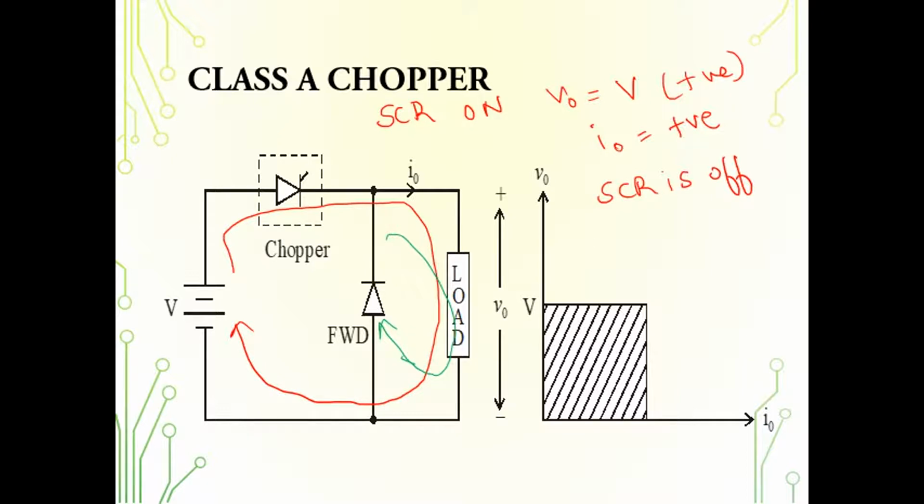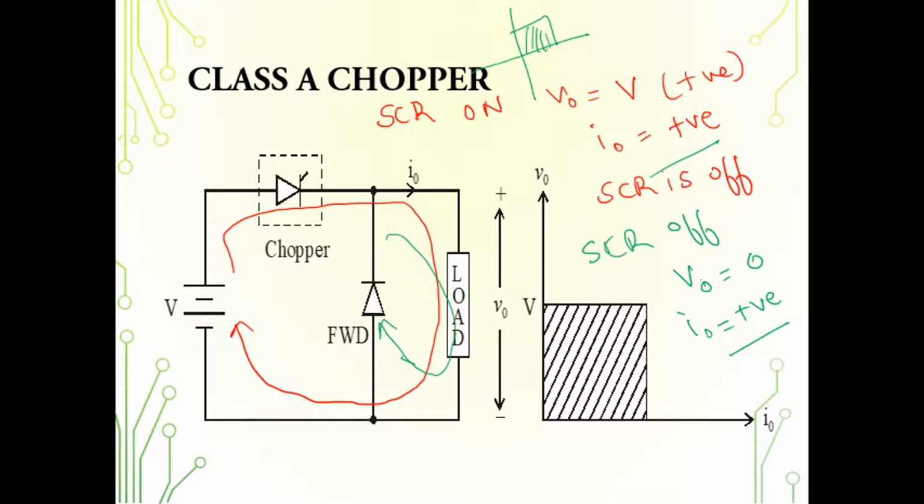In that case, V naught is 0, and the load current I naught continues to flow in the same direction. So I naught is positive and V naught is either 0 or positive. So it is operating in the first quadrant. This is the region of operation of a Class A chopper.